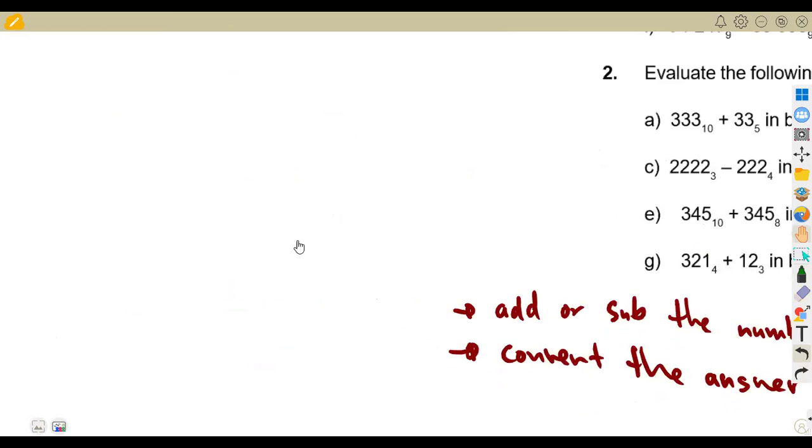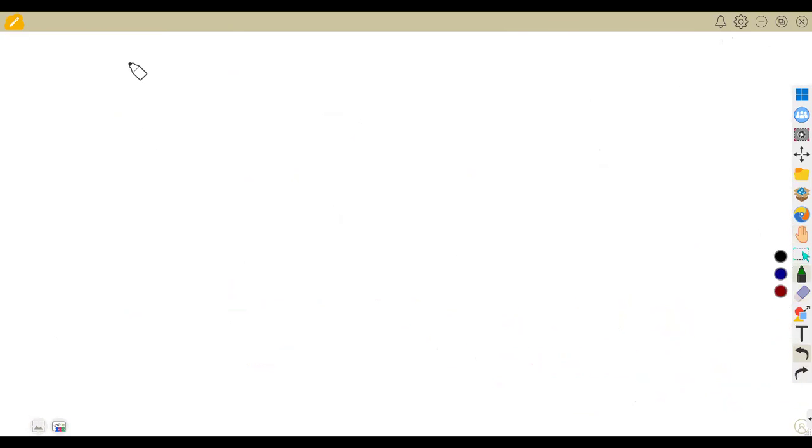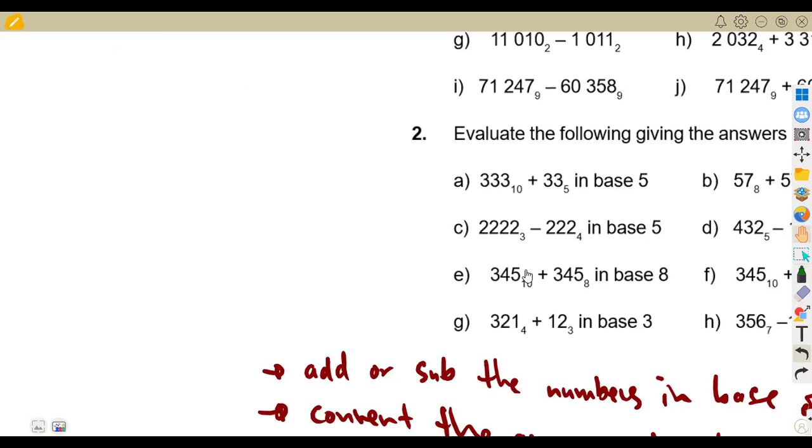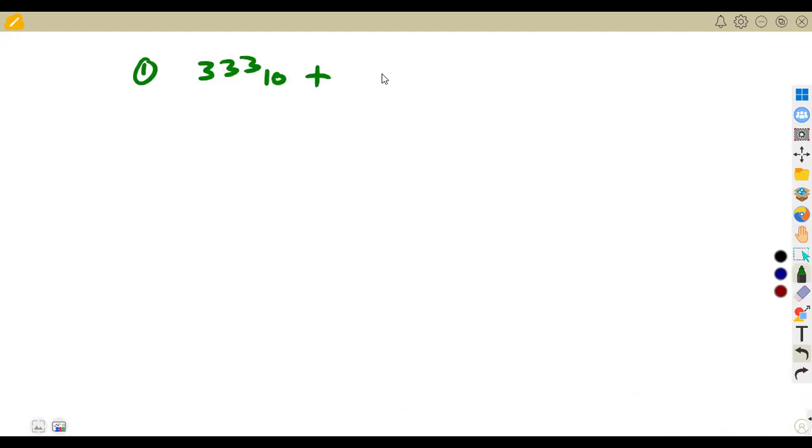All right, the first one was 333 in base 10, plus the other one, 3 base 5, and the answer is needed in base 5. Take note.